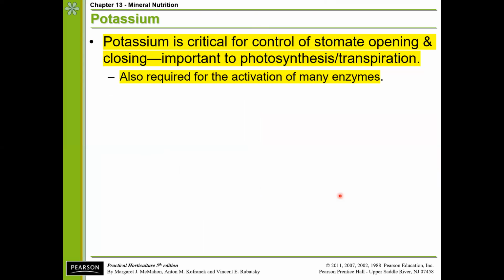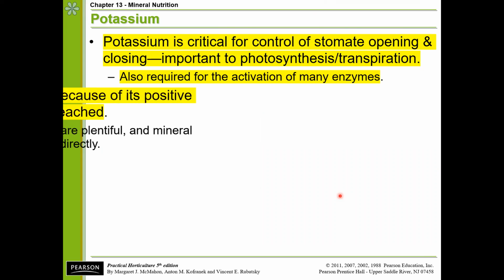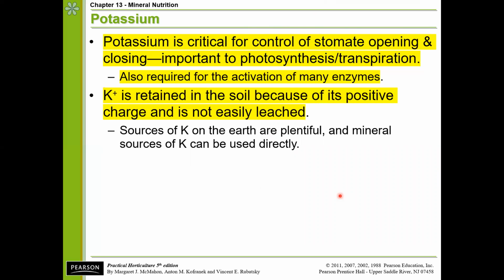Potassium, the K in NPK, is critical again for the opening and closing of the stomata, which is very important for the plant's respiration and transpiration, as well as photosynthesis. And it's also required for the activation of all kinds of different enzymes. It's a positively charged ion that is retained in the soil.